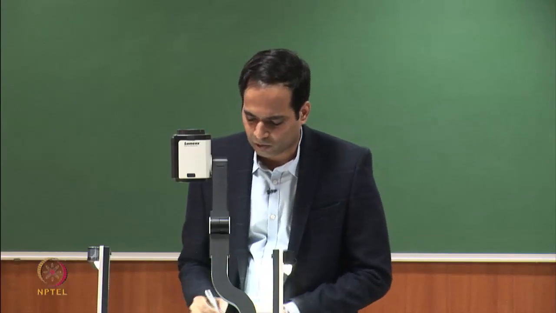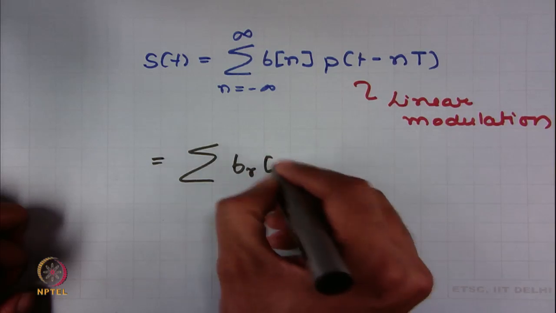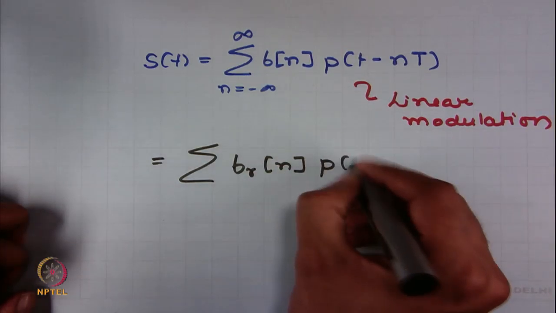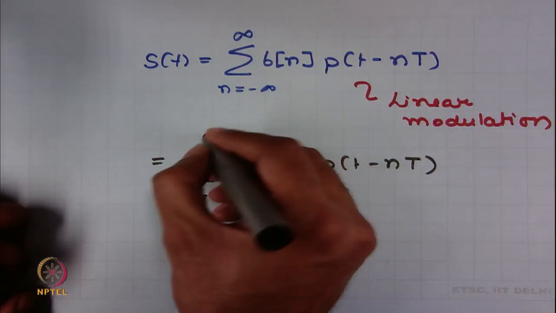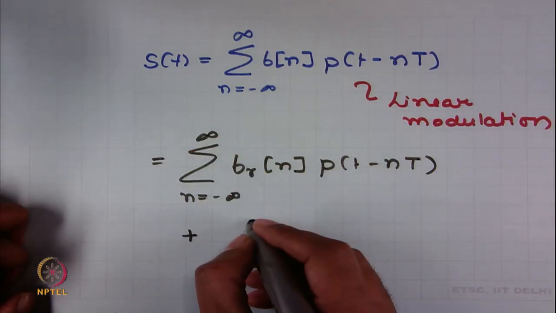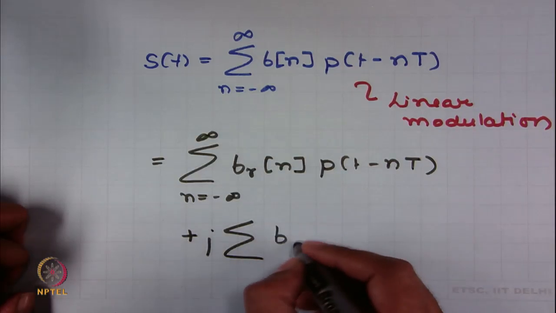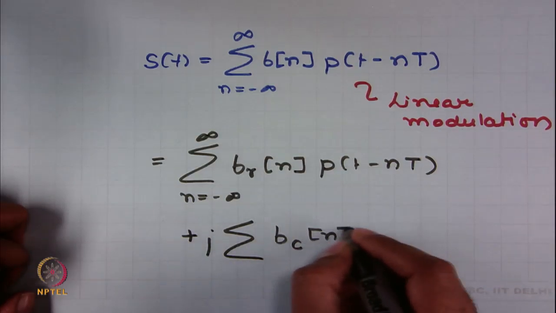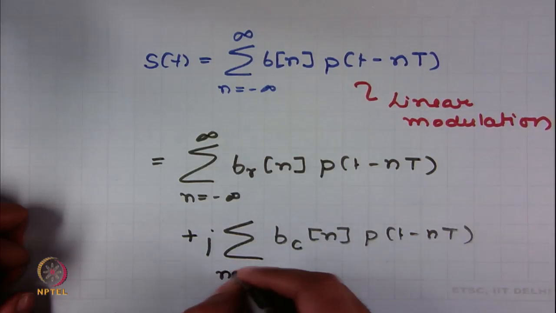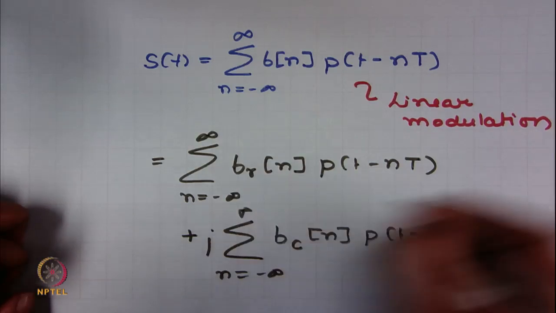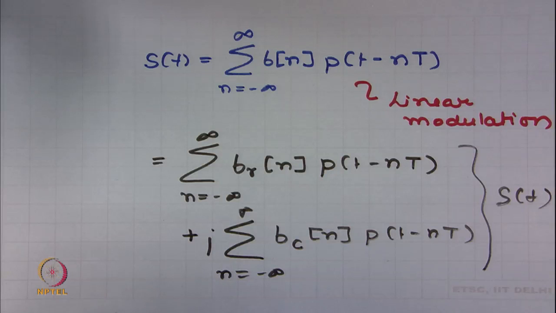Let us generalize this to complex. If it is complex, what I have is the summation of b_rn p(t - nT) plus j times b_cn p(t - nT), and then you can consider this as s(t), the complex baseband waveform.